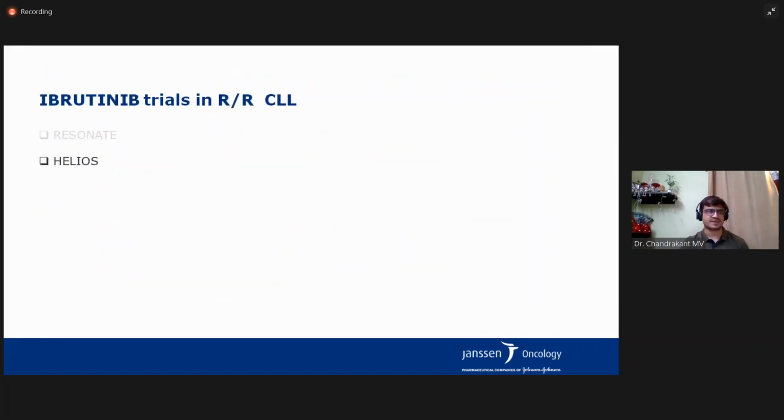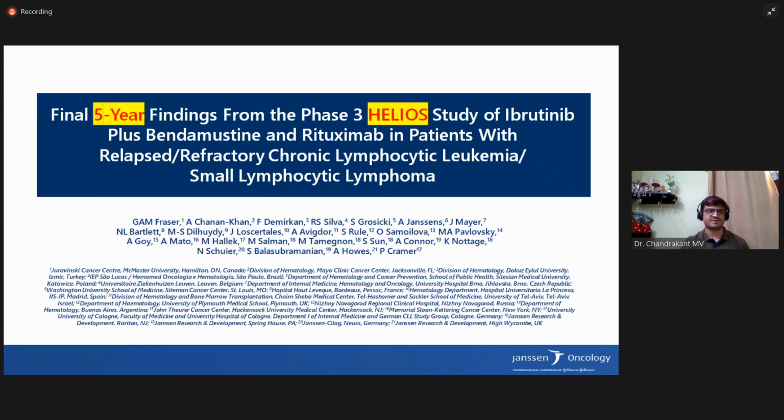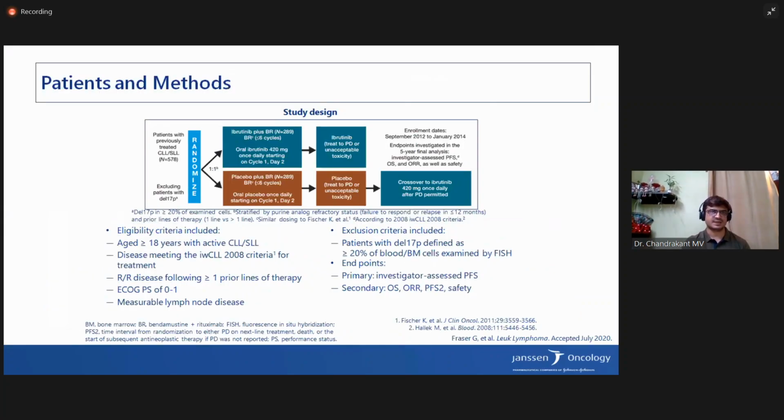And then we have the HELIOS study. It's a 5-year follow-up of bendamustine rituximab in patients with relapsed refractory CLL. You can see the randomization, ibrutinib plus BR, where they combined ibrutinib with the B plus R regimen, and then went on to receive ibrutinib until progression.